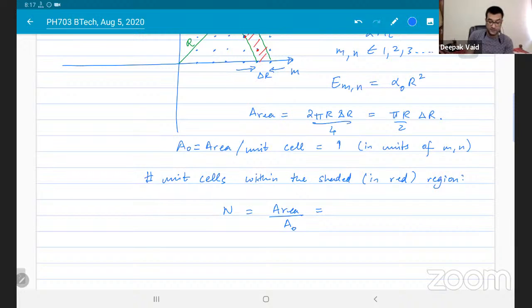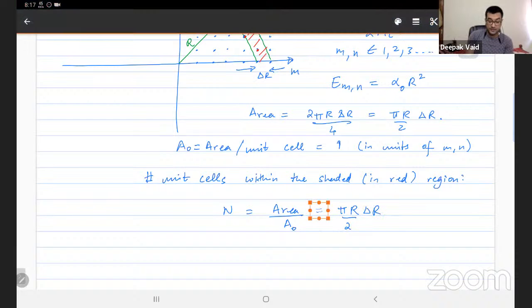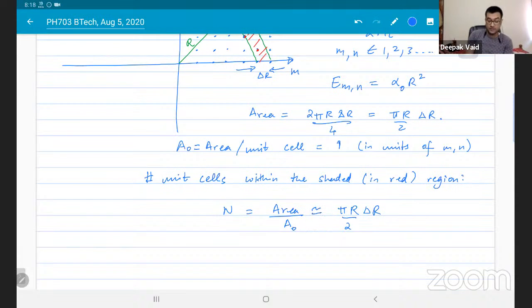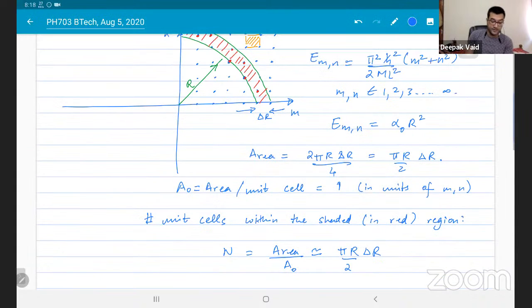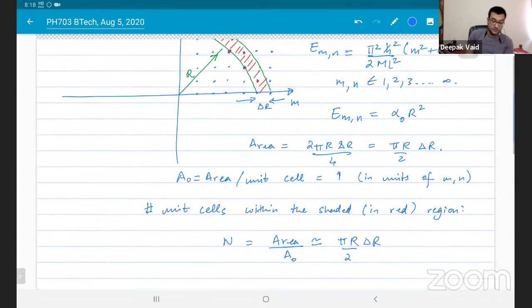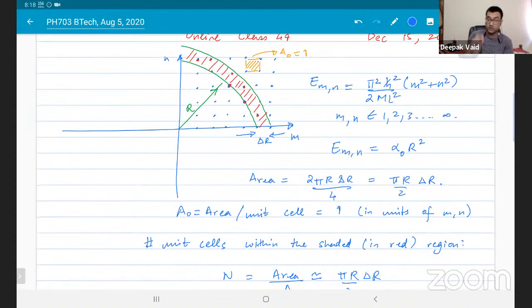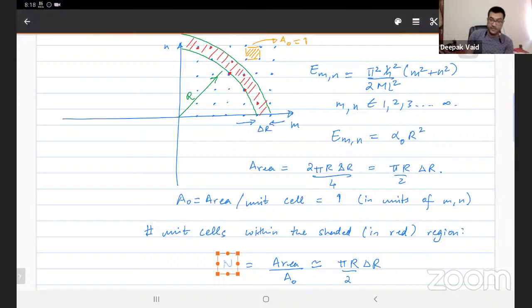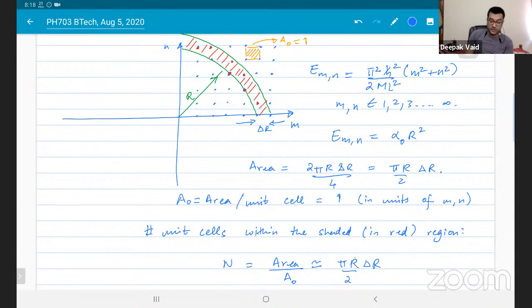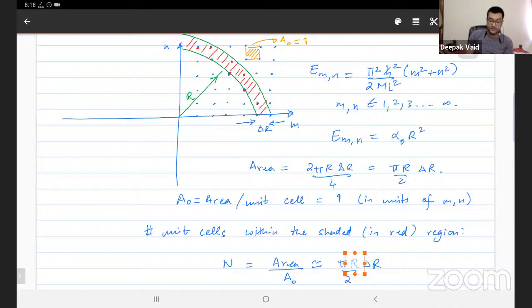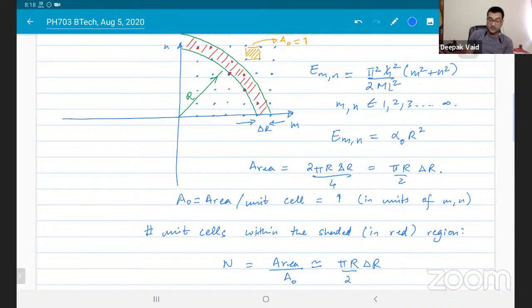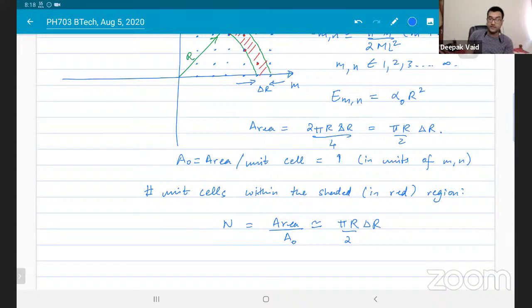So the number of unit cells is again just pi r by 2 delta r. And this is an approximation because, like I said, all the points which lie on the circle do not correspond to physical states. Also, this n has to be an integer. Now, if you look at arbitrary values of this radius and arbitrary values of this delta r, then n will not necessarily be an integer.